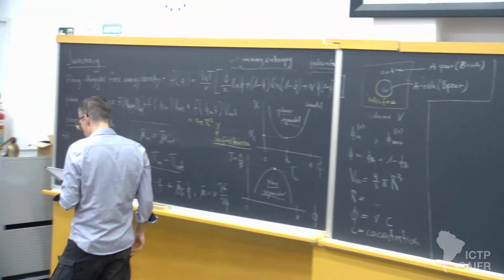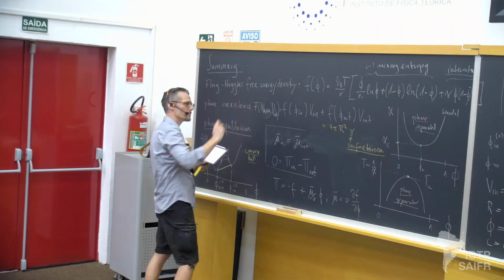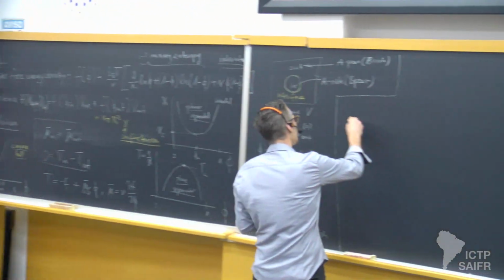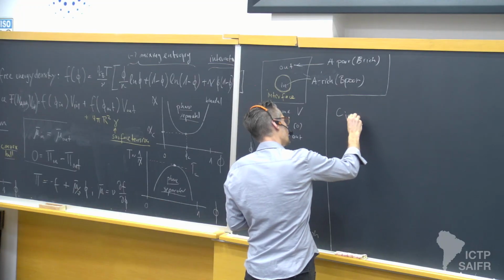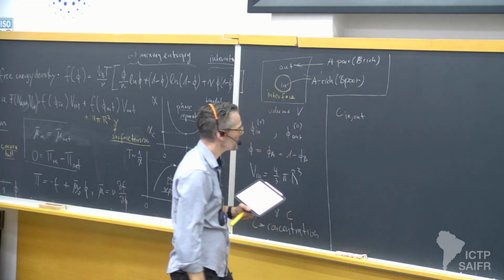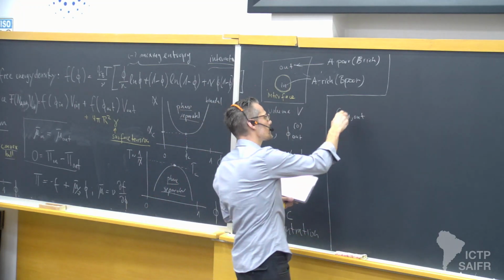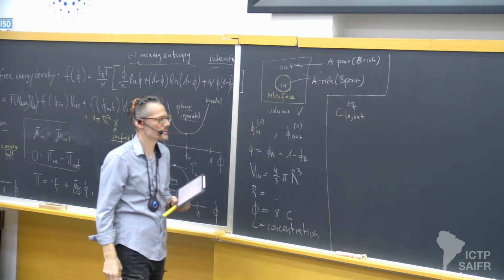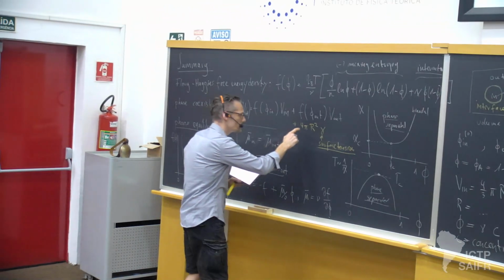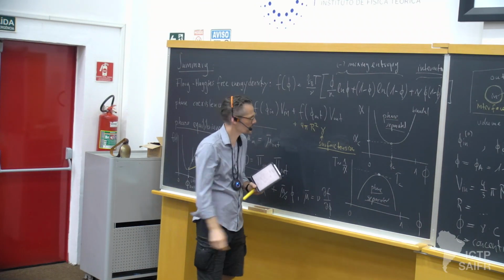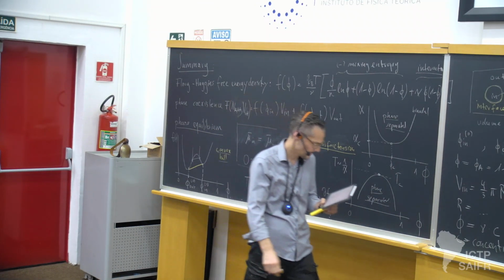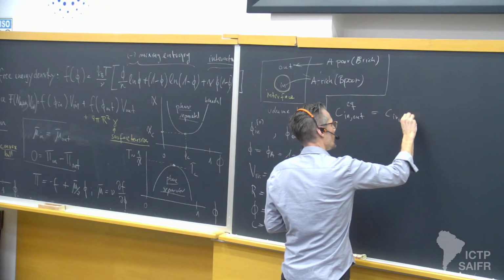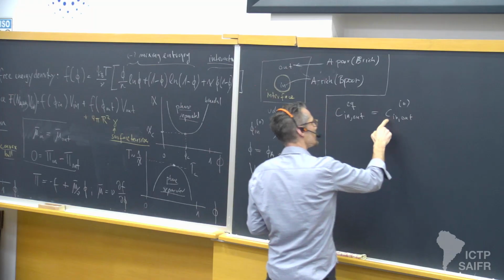So now we write everything in terms of C, so all the phi's get replaced by C's. That's not so hard. What I can do now is define a new object, in and out respectively, and I call this C_EQ for equilibrium concentration. That's now the equilibrium concentration with the extra contribution of the surface tension. I write this in terms of what I had already, C in, C out.